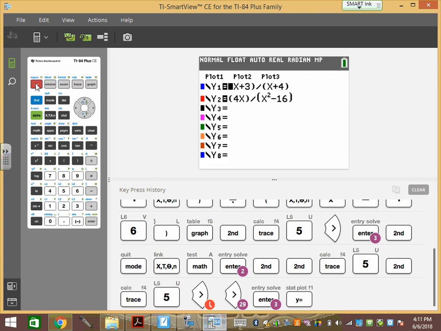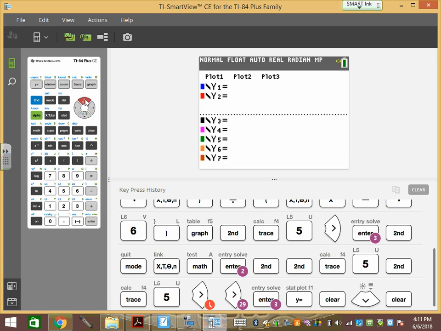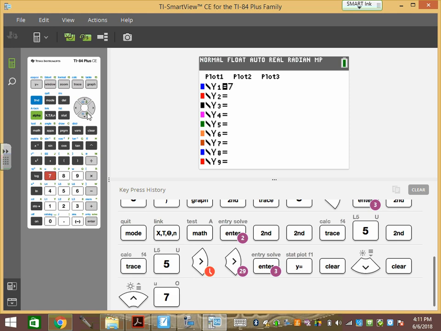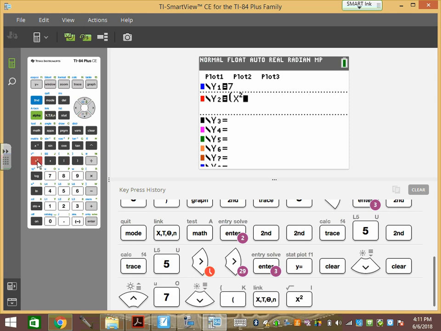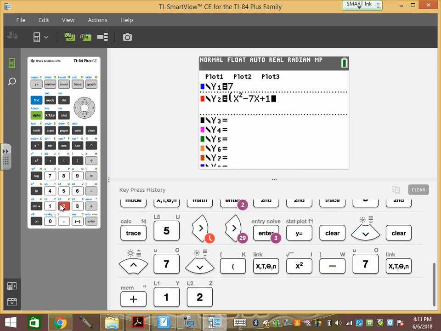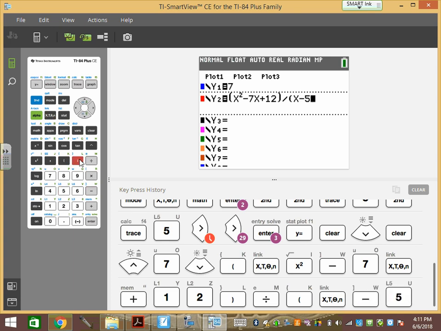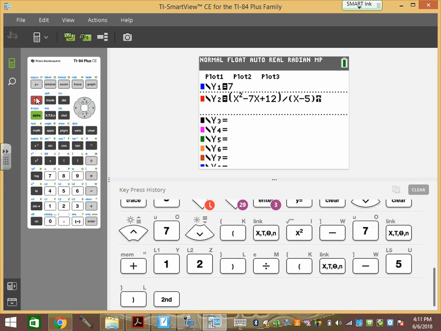So we have Y, clear these out, and then we have 7 is our left. That was all that was there. And then on our right, we're going to have bracket x squared minus 7x plus 12 divided by x minus 5. Second trace 5.